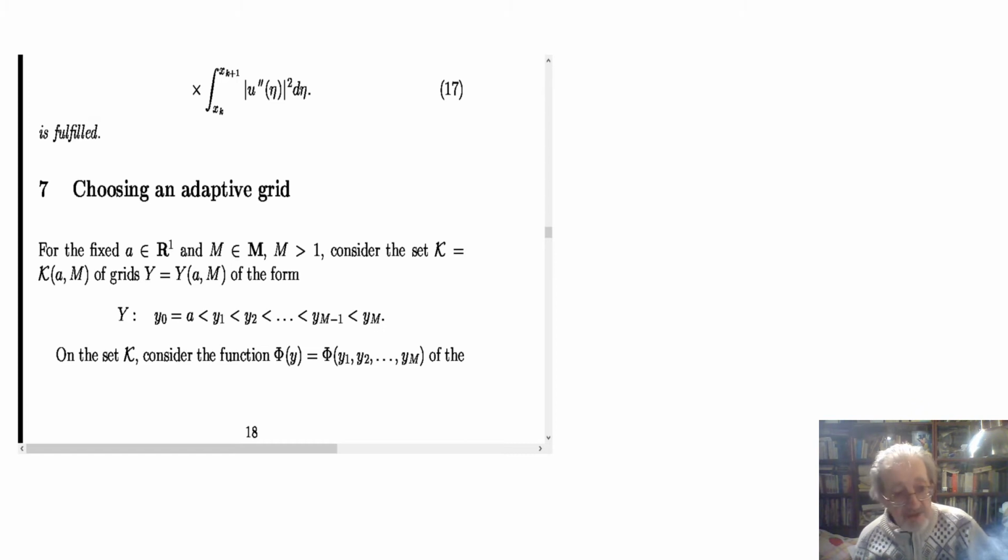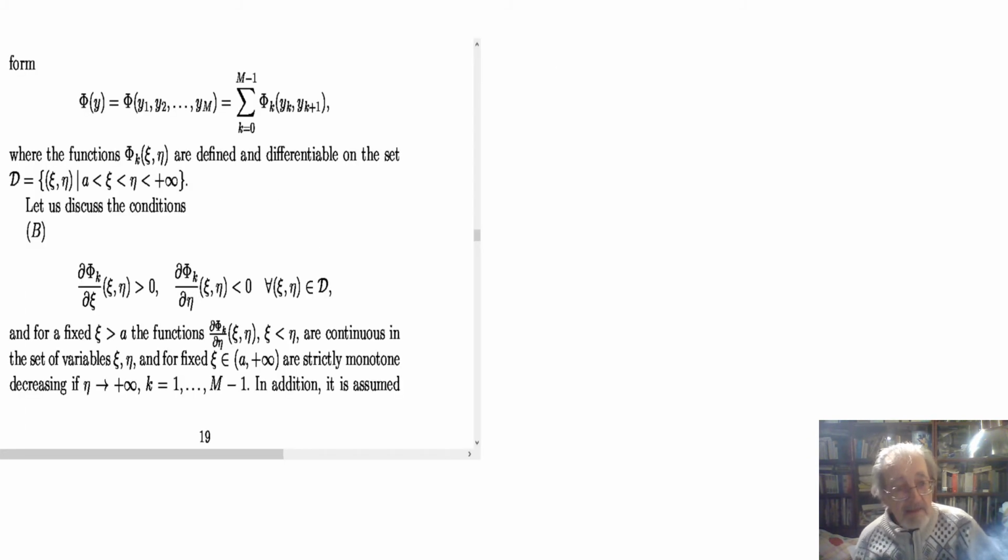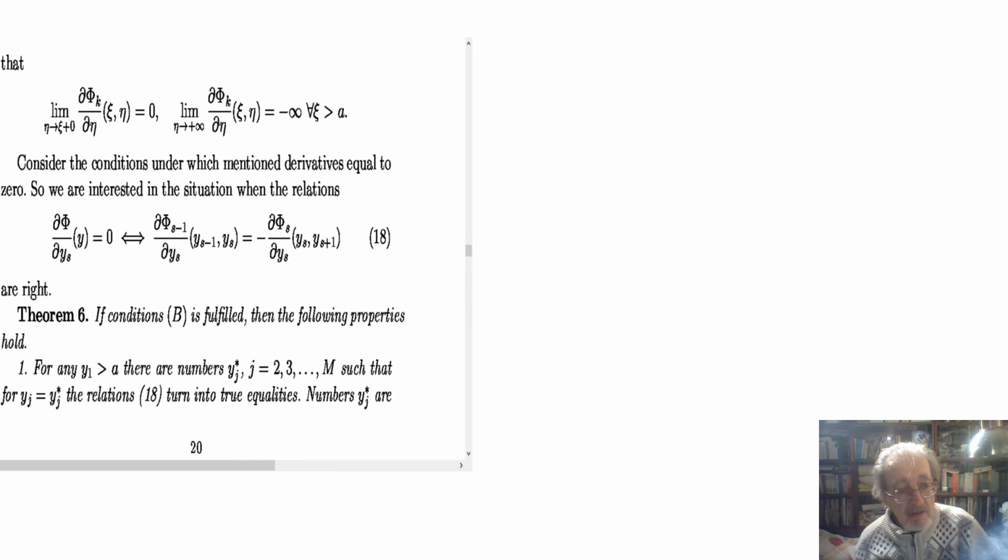You can see here grid Y and the general situation with condition B. Theorem 6.